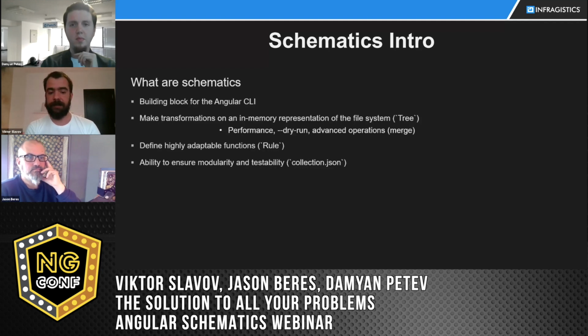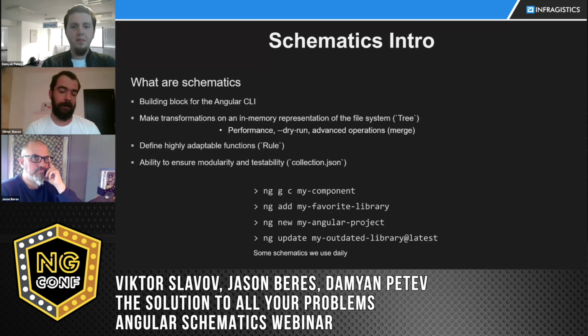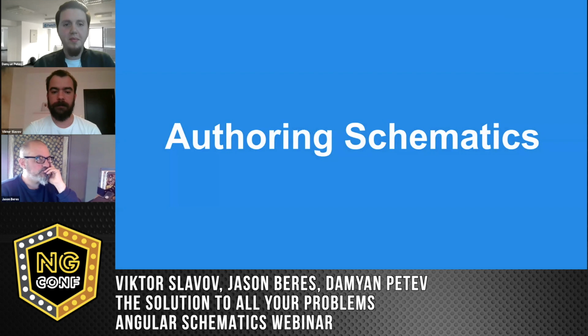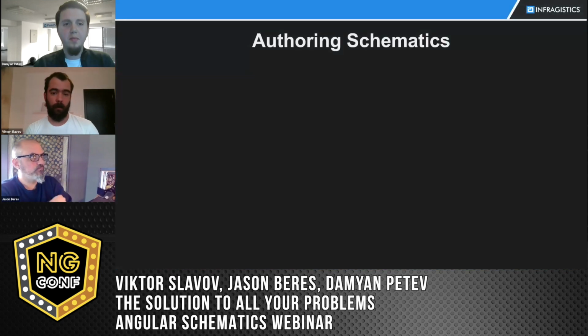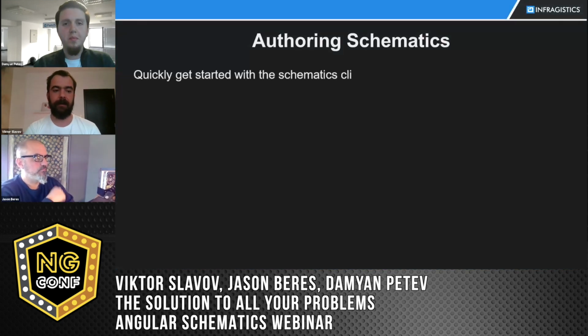And last but not least, schematics provide a collection where you can expose schematics to your package's users, or you can keep some for internal use, which further ensures modularity and testability. And here, as you can see, are some of the schematics we each run daily, and I think most of us have seen them. So let's jump into how we can create our own schematic.